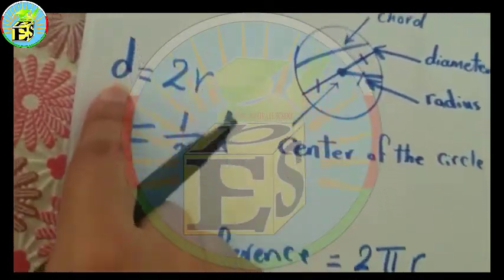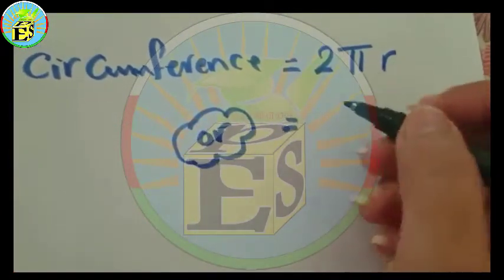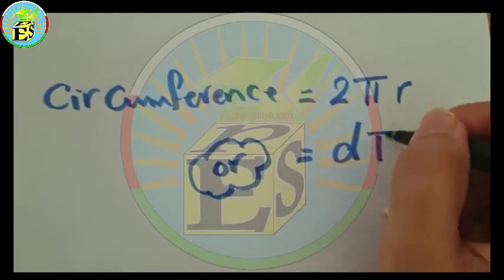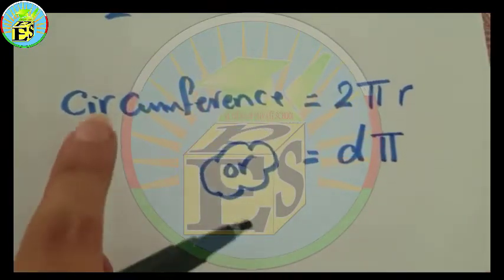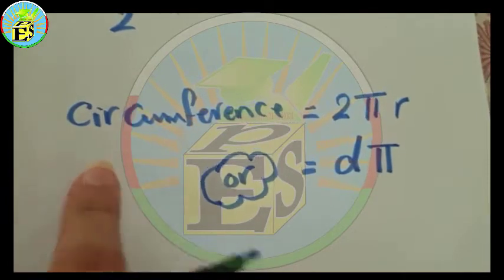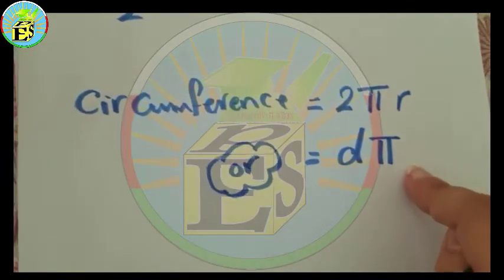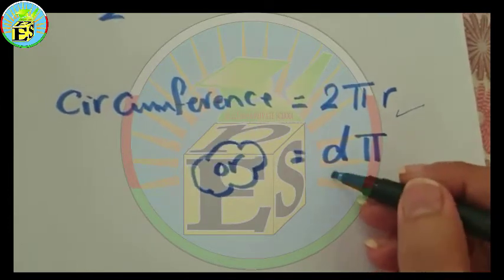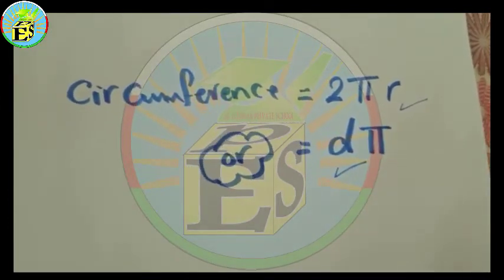It is d. So we can take out 2r and put πd. So we can get the circumference of any circle using this rule or this rule. If I have the radius or the diameter I can get the circumference.